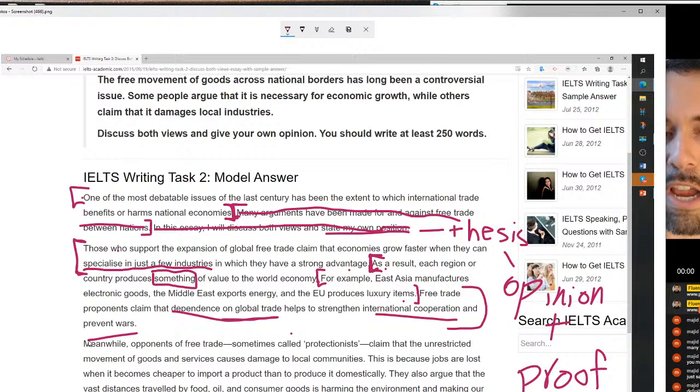You want to watch out for sentences like this because you do not want to end a body paragraph with this type of sentence. If you end a body paragraph with this type of sentence, you have no room to prove it, because your next paragraph is going to talk about another idea. So this sentence can never go at the end of a body paragraph because it's going to hurt the development. You just made a big claim.